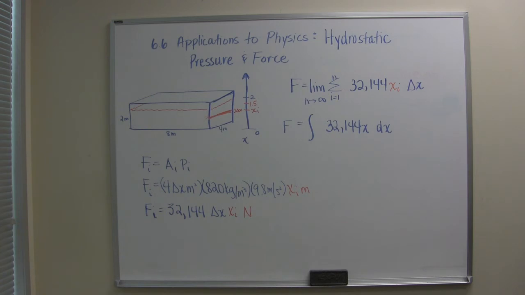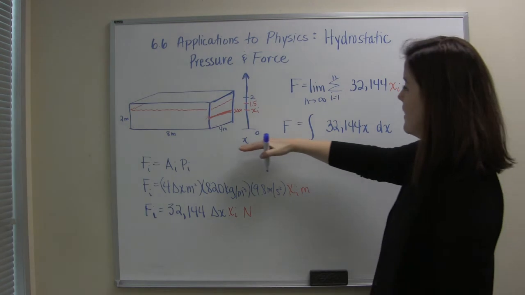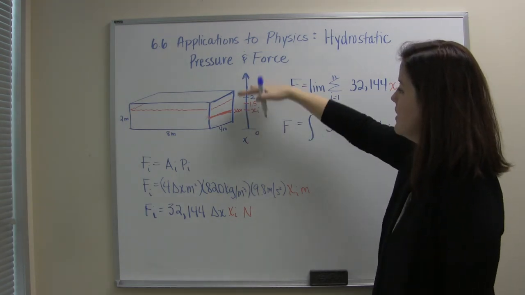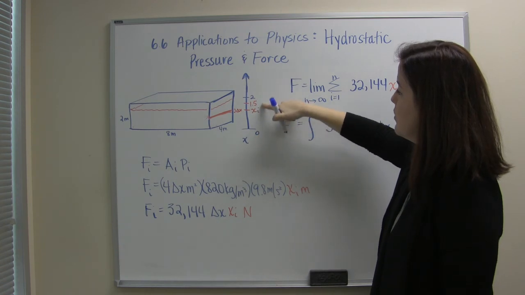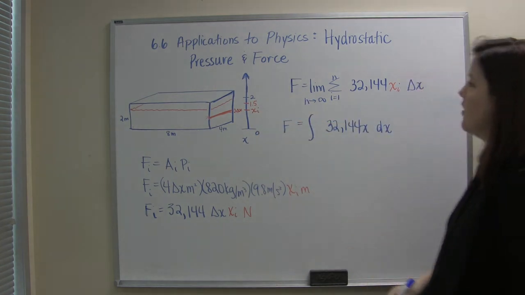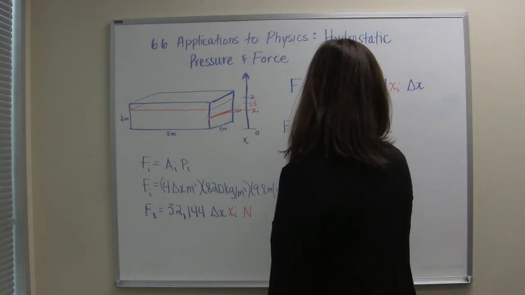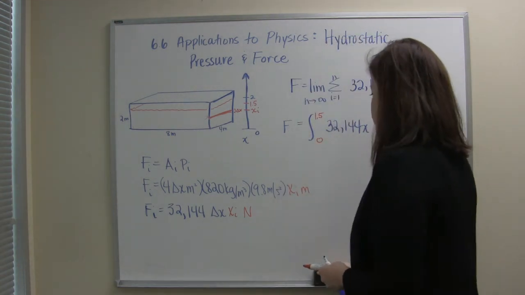All right, so now what we need to do is talk about the bounds of integration. How much depth, or how much water, in this case kerosene, I apologize, do we want to add up? Well, looking at where I labeled my x-axis, I want to integrate from 0 now to 1.5 because the tank's not entirely full, but this will represent all of the x values of kerosene pressing against that vertical plate. So our bounds of integration will be from 0 to 1.5 meters.